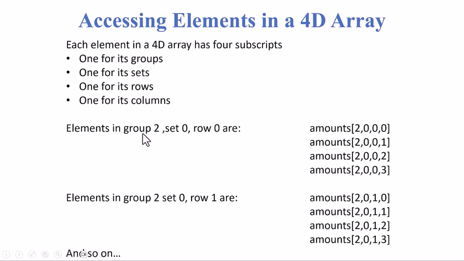If we looked at group 2, set 0, row 1, column 0, it's 2, 0, 0, 1, 2, 0, 0, 2, 2, 0, 0, 3. Again, this last piece is the 2-dimensional array. This is the 3, and this is the 4th one that's going in there. So you can see we're going to create a 4-dimensional array on the fly, just because you wanted to. It can be a little tricky to get at and work.